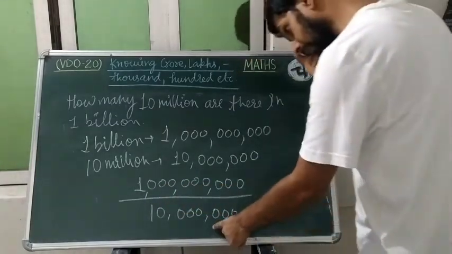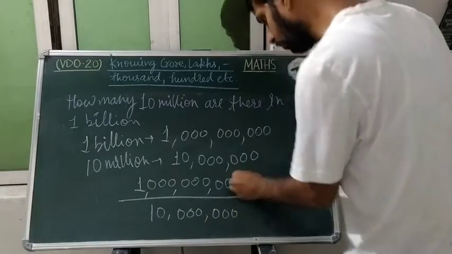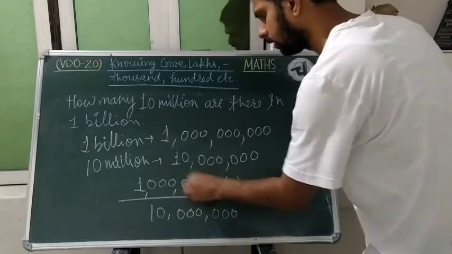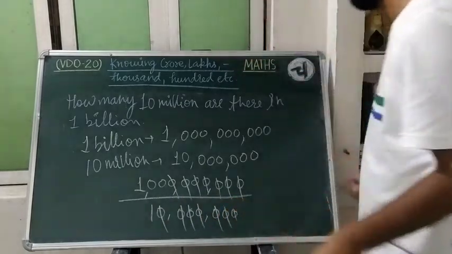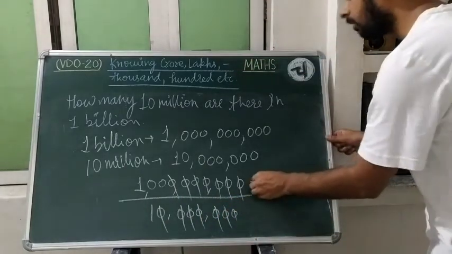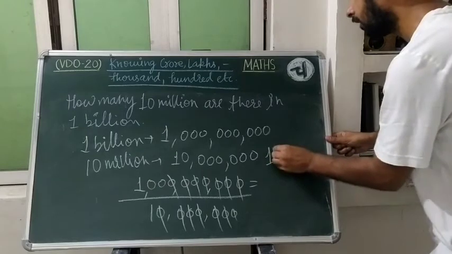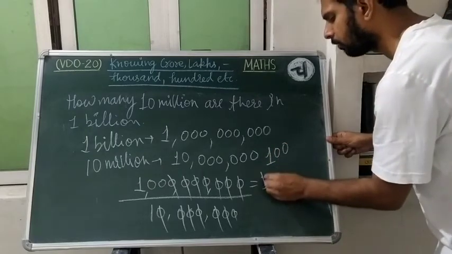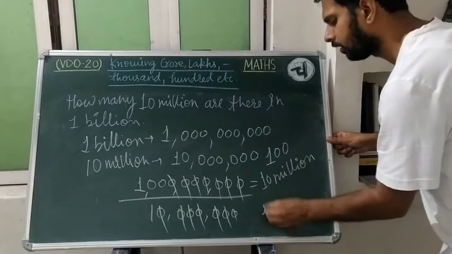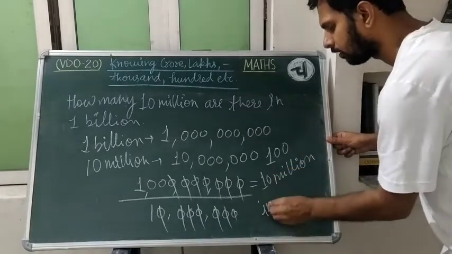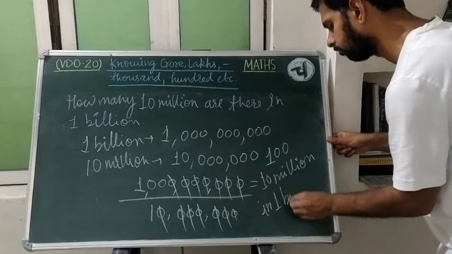So these 7 zeros will get cancelled out, and there will be 100 10 millions in 1 billion.